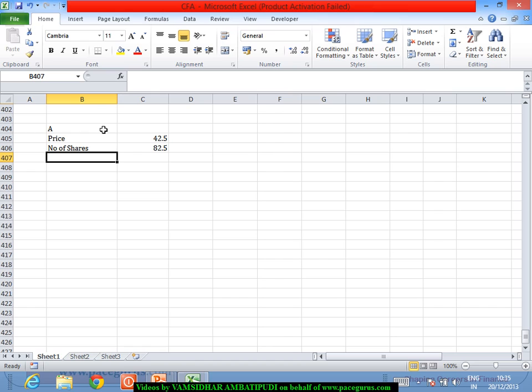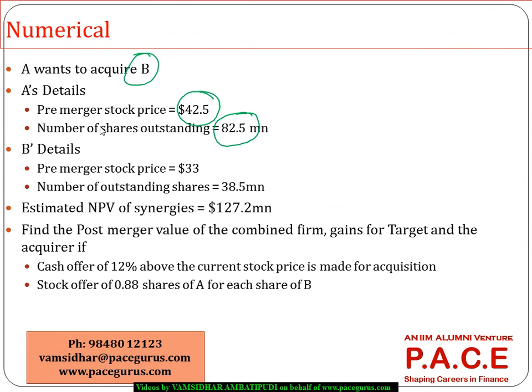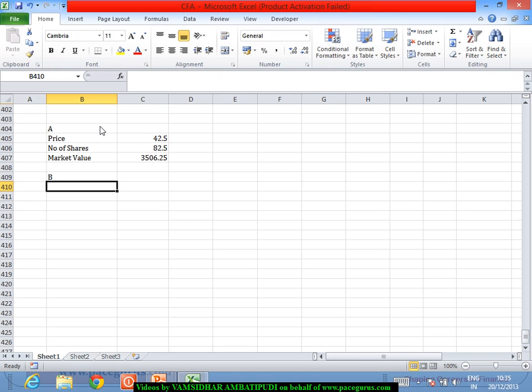So from here I can find out the market value of A before the merger. I am saying that the market value of A is somewhere around $3,500 million, so probably $3.5 billion.